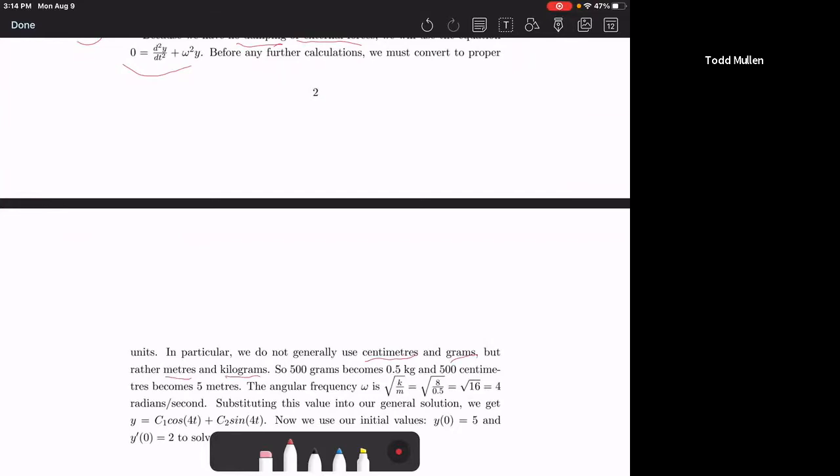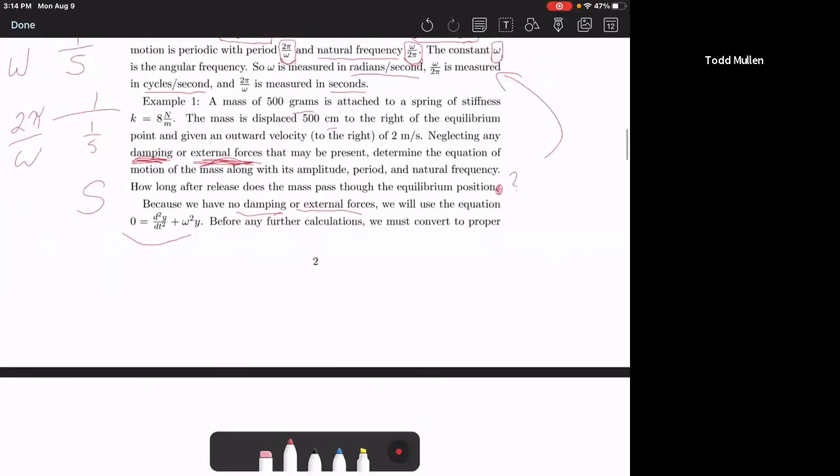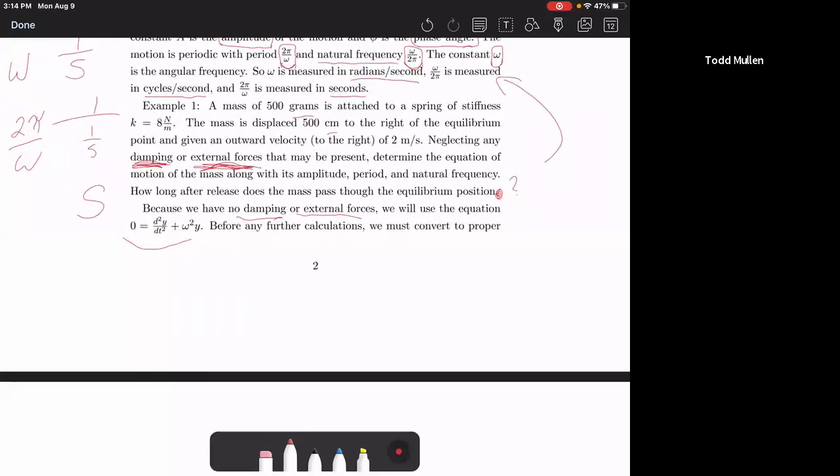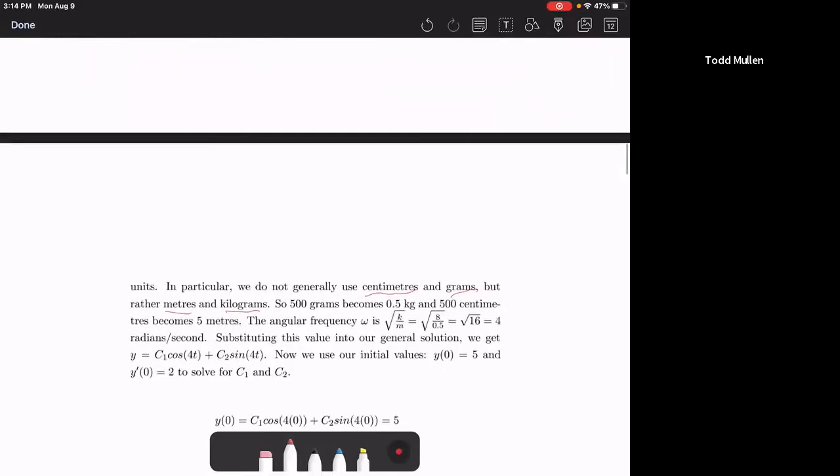Why is this so important? Well, this is measured in meters per second, and this is measured in newtons per meter. So it becomes very important that everything be measured in our standard with meters and kilograms. So 500 grams becomes 0.5 kilograms, and 500 centimeters becomes 5 meters.